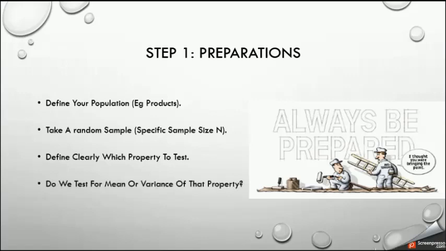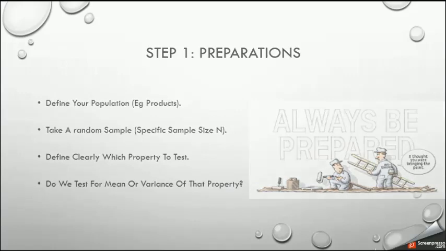Then we should identify if we are testing for the mean, or average value, of this property, or for the variability among the population for this property. If we are testing for the mean, we are testing for the central tendency, or the values which are concentrating around some point. For the variability, we will look at the variance of this population.